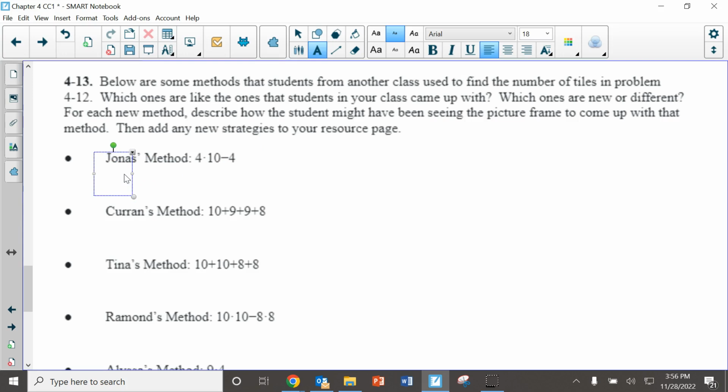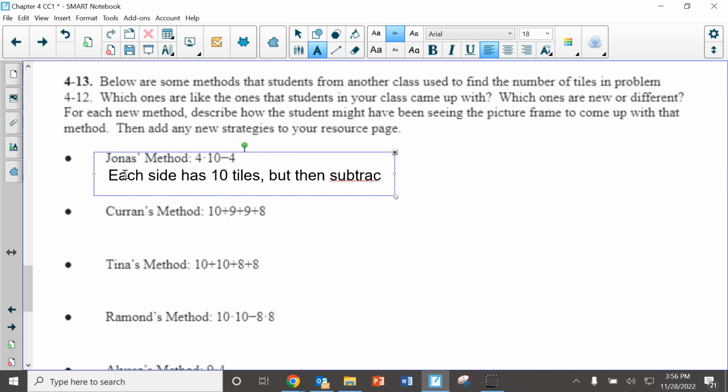So Jonas's method, what he did was each side has 10 tiles, but then subtracted the extra corners. So we're going to add right here.